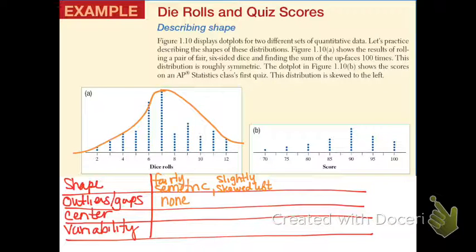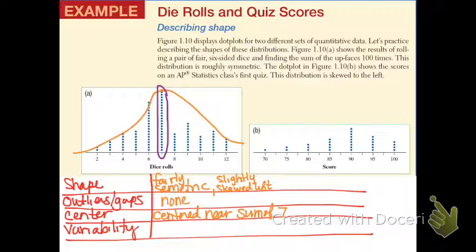The center is where most of the data sort of piles up. And we will get more exact vocabulary and calculations for these later. But for now, that's at approximately 7. So it'd be a sum of 7.